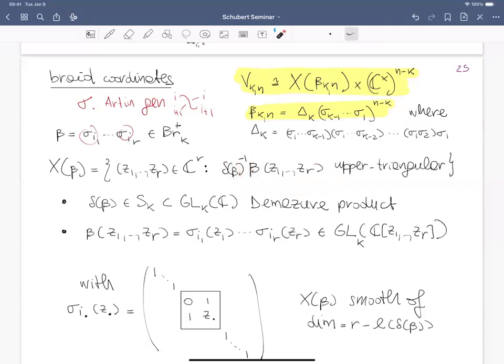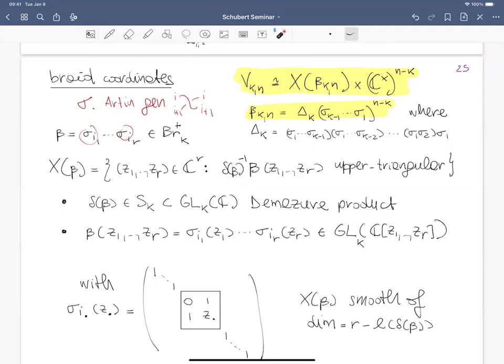The Demazure product of a braid means: read that braid from left to right, interpret each Artin generator as a permutation in the symmetric group, and if the next Artin generator decreases the length of the current product, then throw it away.